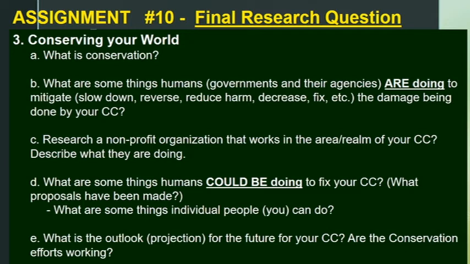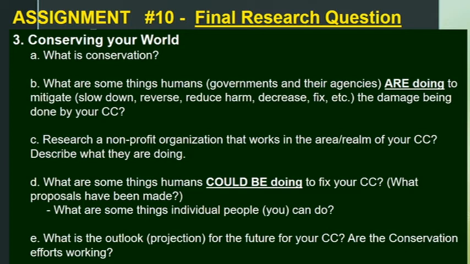C, research a nonprofit organization that works in the area or realm of your conservation challenge. Describe what they are doing. So an example of a nonprofit organization would be something like the World Wildlife Fund.